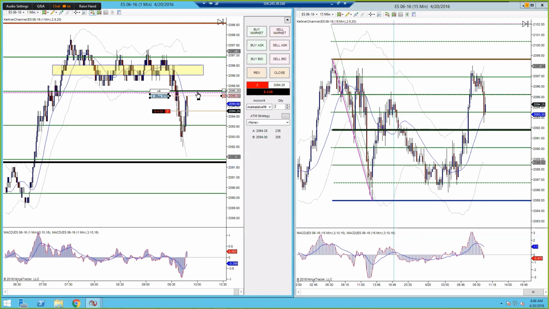Maybe even raise the stop up a tick. 95.25 stops. Just raise it up a tick.